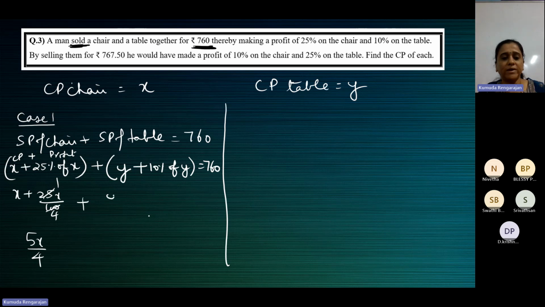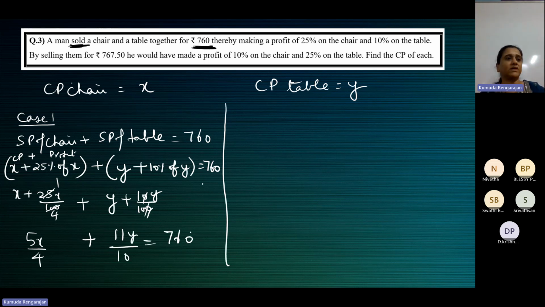Then plus Y plus 10% of Y, so 10 by 100 Y. Again, you can cancel, or have a common denominator 100. So this will be 11Y by 10 on taking the LCM, is equal to 760. Similarly, you'll have to frame the second equation and solve for X and Y.